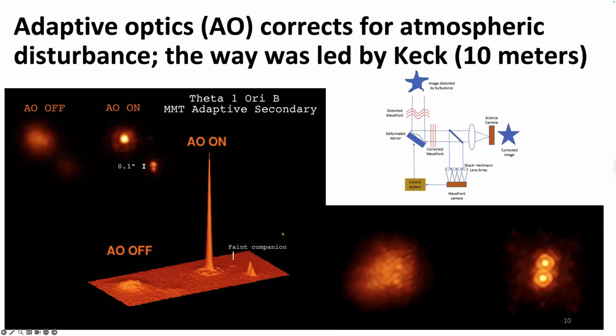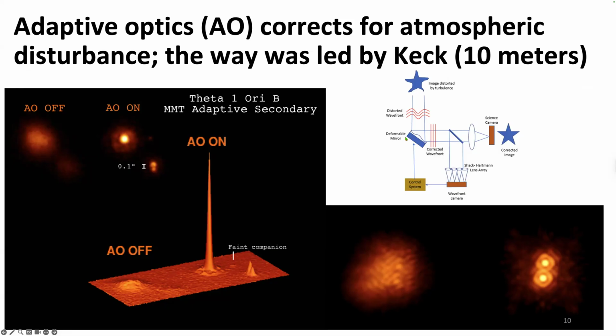In addition, a relatively new advance is adaptive optics, which takes the disturbed light coming through the atmosphere. Remember, we're focusing on ground-based telescopes right now. The light coming through the atmosphere is constantly changing and distorting. So we have a mirror here that is frequently referred to as a pizza pan.